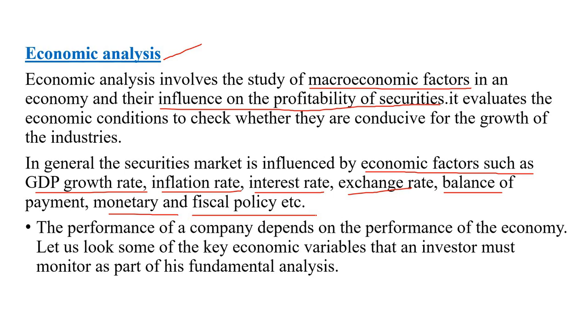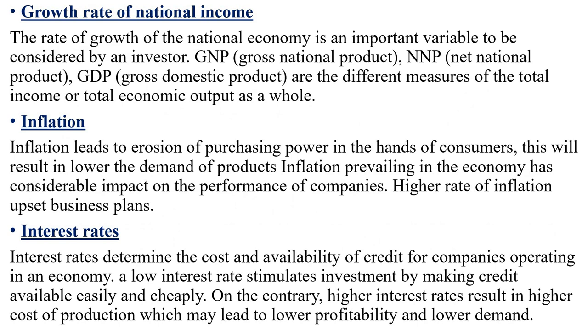We already saw the factors: growth rate, inflation, interest rate, exchange rate, balance of payment, etc. We will see them now one by one. The first one is the growth rate of national income. The growth rate of a national economy is an important variable for the investor to consider.